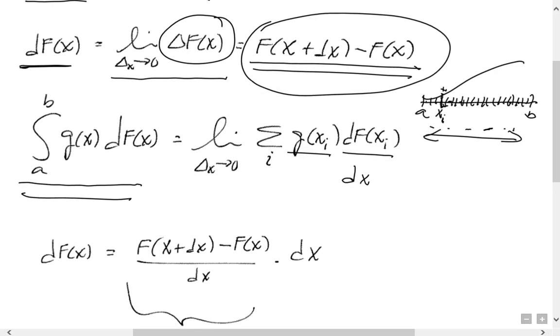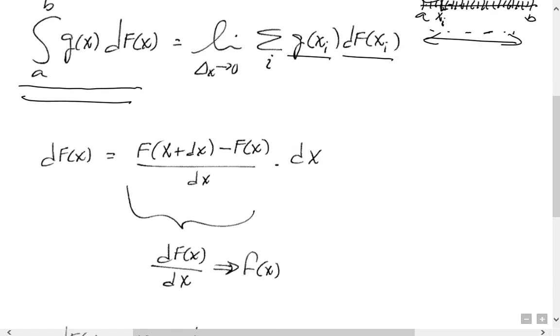And how can we convert from one to the other? Well, notice that our differential of x is, as written above, our CDF at x plus dx minus the CDF at x. Simply multiply by dx, divide by dx.